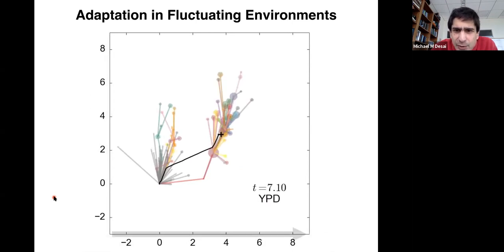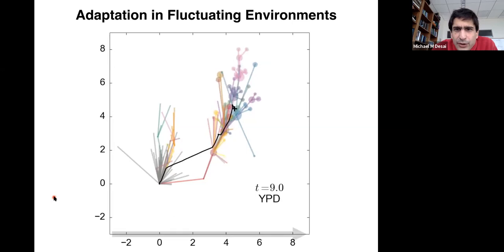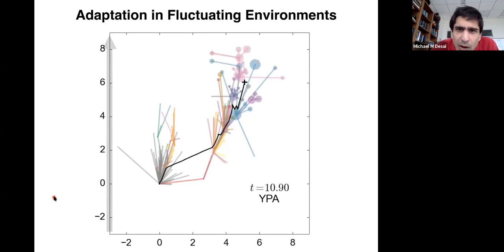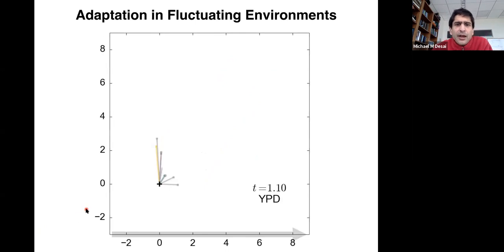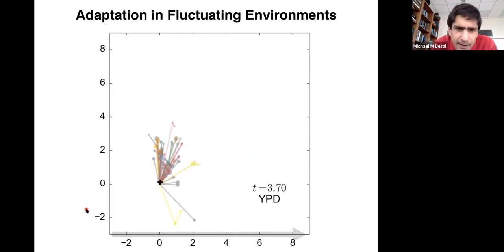In this particular case, we seem to be getting some generalist adaptation overall, where you get better in both conditions, although clearly there are mutations that tend to take you up in one direction and down in another, or vice versa. Here's the other replicate population. This is exactly the same experiment, just a different replicate population.